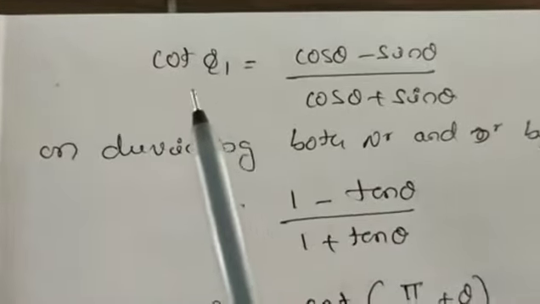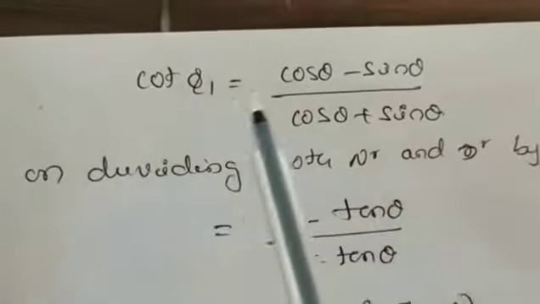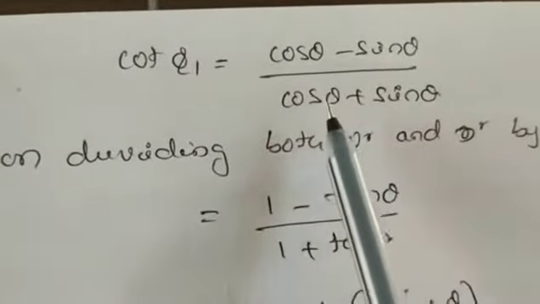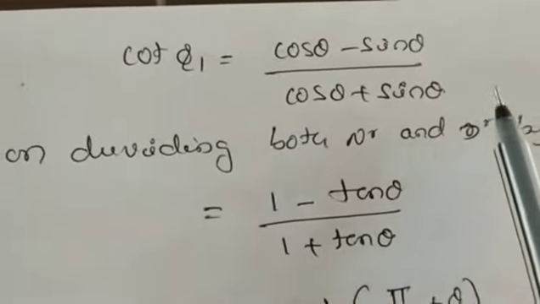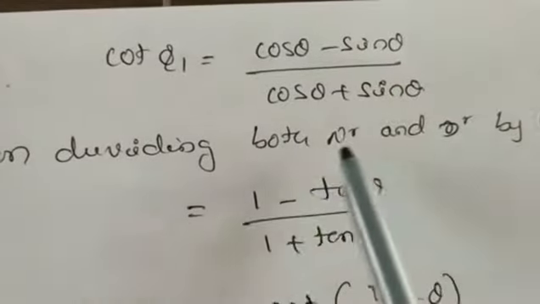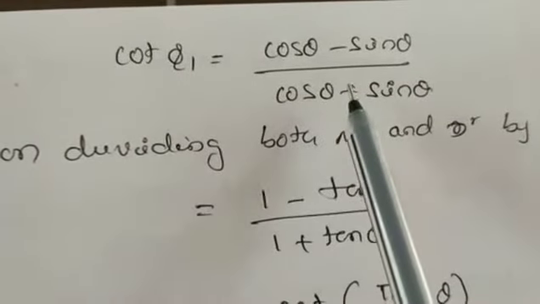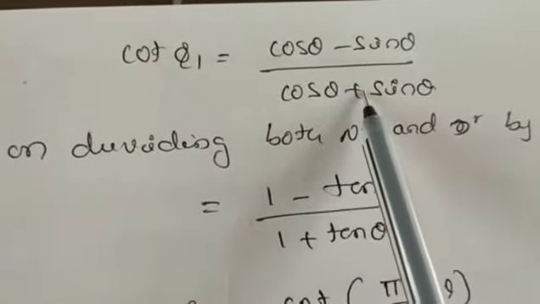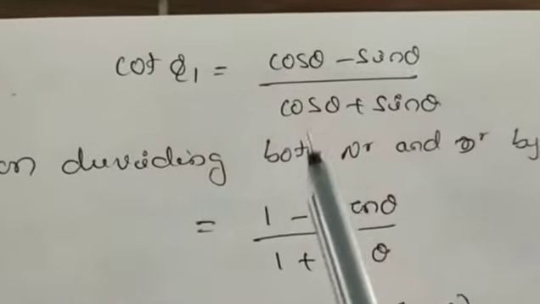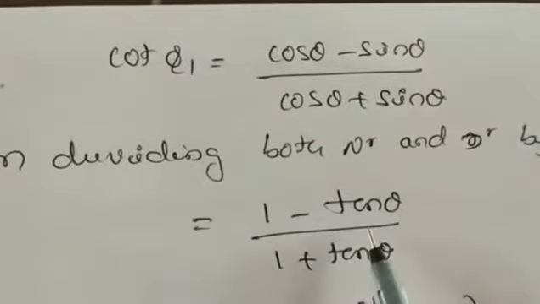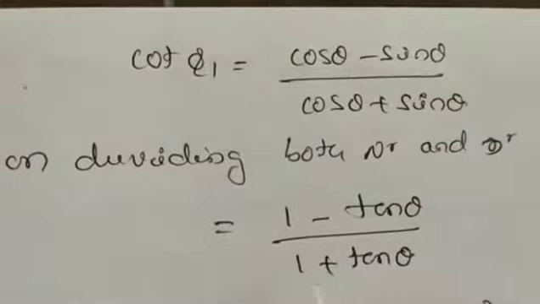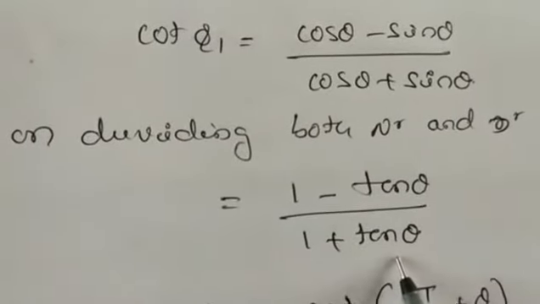We know 1 by r dr by d theta is cot phi 1. It equals cos theta minus sin theta divided by sin theta plus cos theta. To express this in terms of tan or cot, let us divide both numerator and denominator of the RHS by cos theta. So cos theta by cos theta is 1, sin theta by cos theta is tan theta, cos theta by cos theta is 1 and sin theta by cos theta is tan theta.